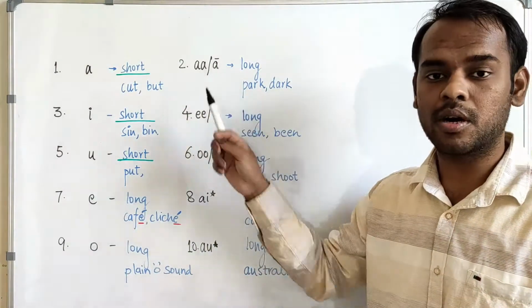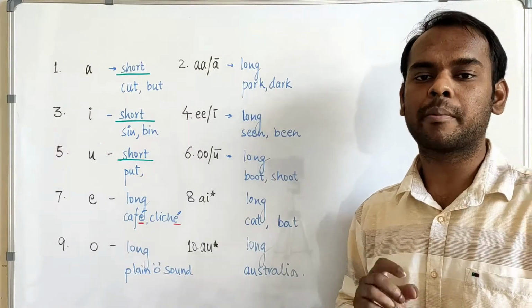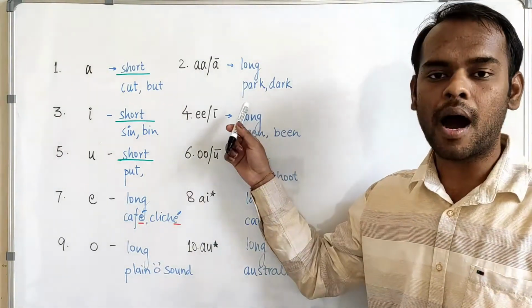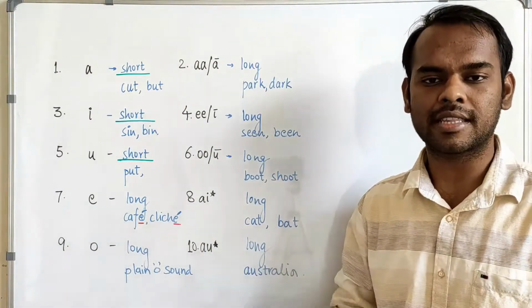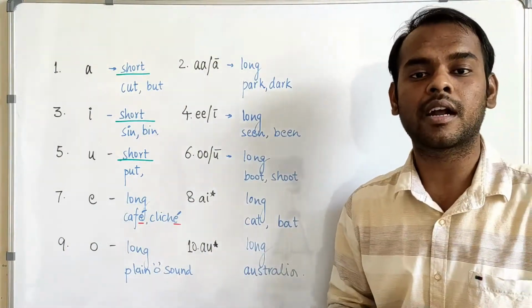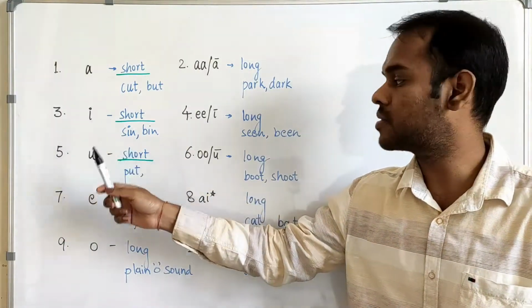The bar above represents a longer sound. Also, you have to open your mouth a bit more, as in park, dark, although not exactly the same, but somewhat like that.